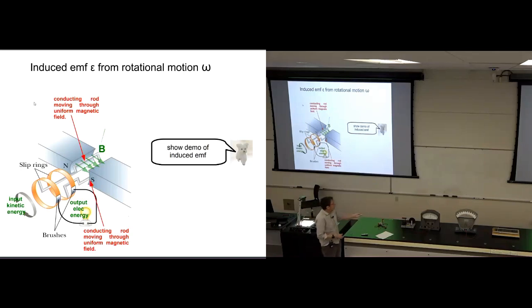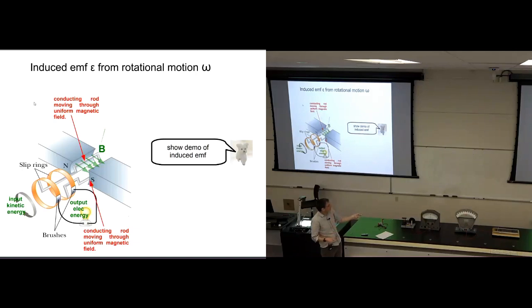If the loop of wire here was standing vertically between these two poles, then there would be a lot of field lines passing through the loop of wire. If the loop of wire was laying horizontally between the two poles, then there'd be no magnetic flux through the loop of wire. The field lines would just pass over the top or underneath the loop of wire.